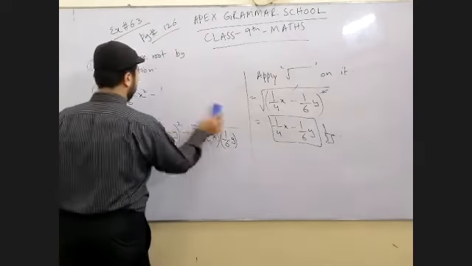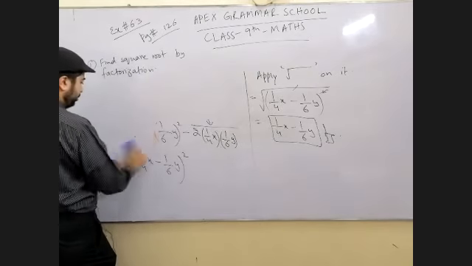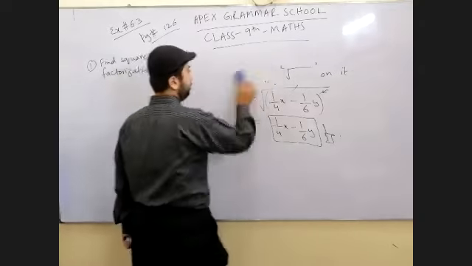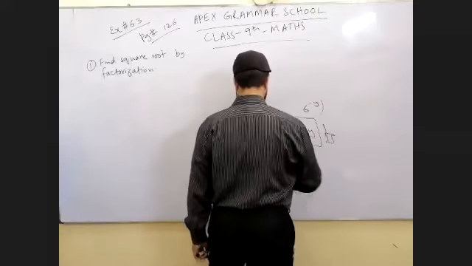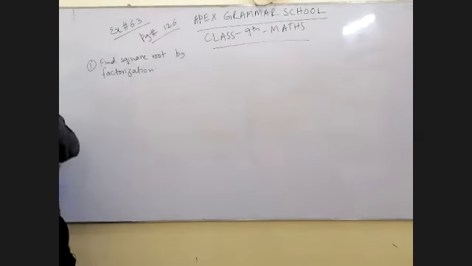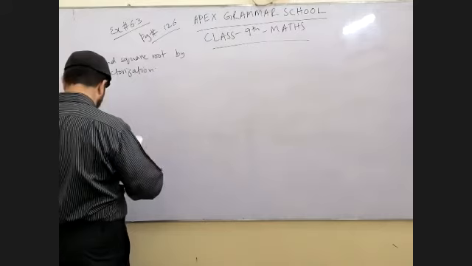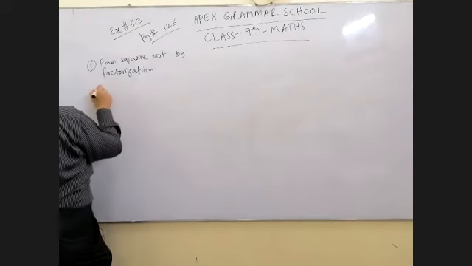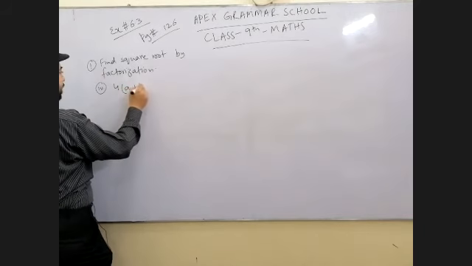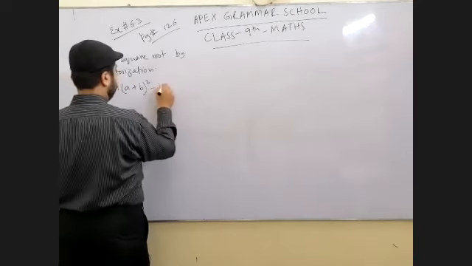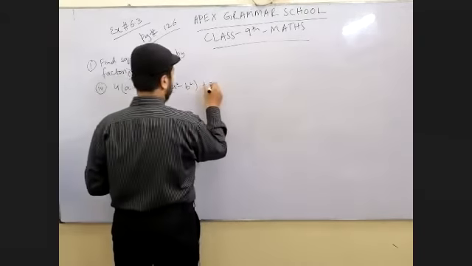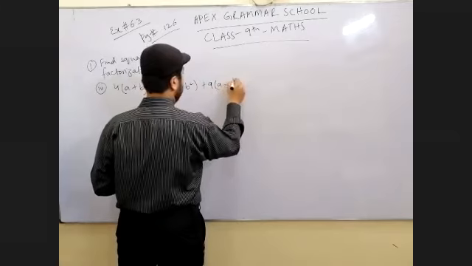Now for the next part, part number 4, that is 4 into (a plus b) whole square minus 12 into (a square minus b square), and then plus 9 into (a minus b) whole square.